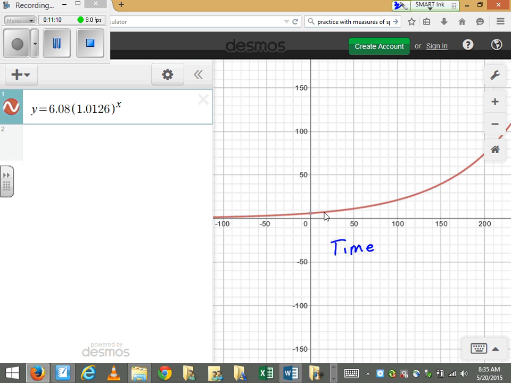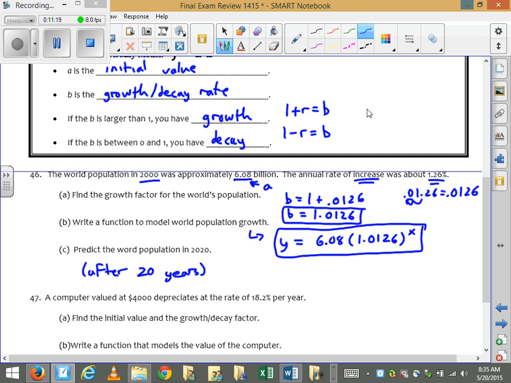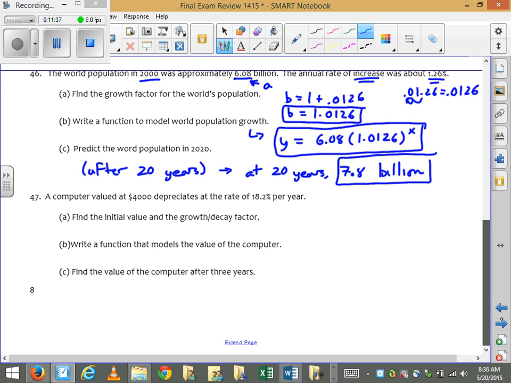So we're basically just going to drag a point until we get to the year, quote unquote, 20, and that's 7.8. So the point is 7.8 now. So at 20 years, we have 7.8, but remember, it's not just 7.8 people, it's 7.8 billion people. So that's only a few years from now, right?